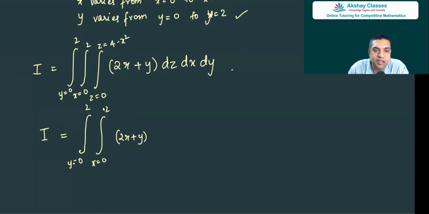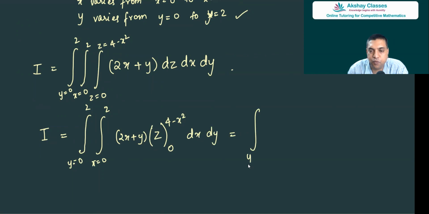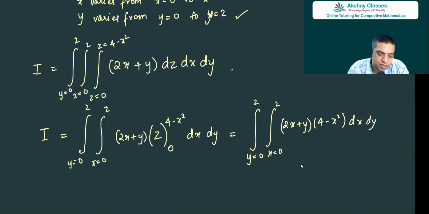You get z between the limits 0 to 4 minus x square. So y equal to 0 to 2, x equal to 0 to 2, 2x plus y into 4 minus x square dx dy. So we'll have to simplify this.